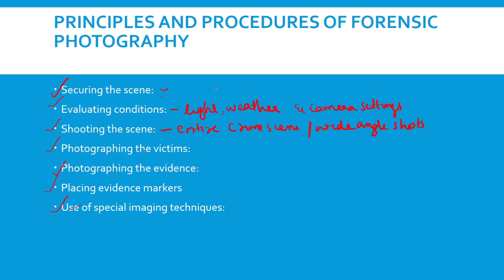There are three types of photography: one is wide angle, then close up, and one more, that is mid range.